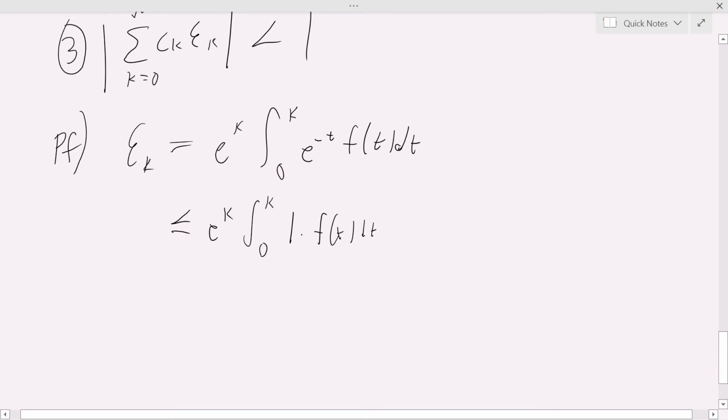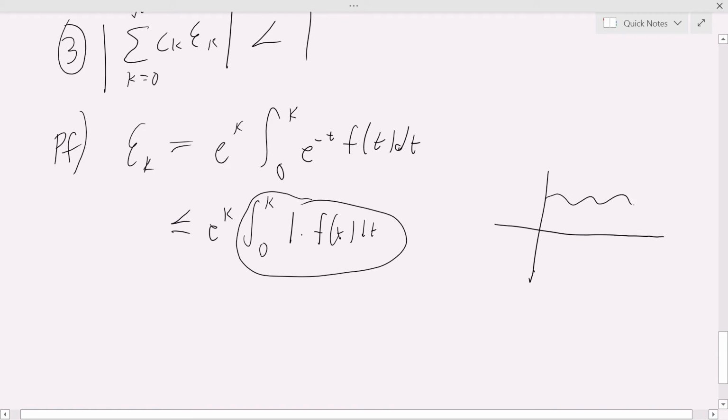So in practice, all we're doing now is computing the integral here. Now, what is the integral of this function f? Well, it doesn't really matter what the precise integral is. The way you can bound the integral of any function, say this is your interval from 0 all the way up to k here, the integral, of course, is just the area under the curve.